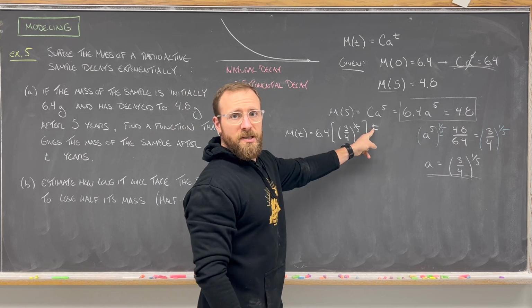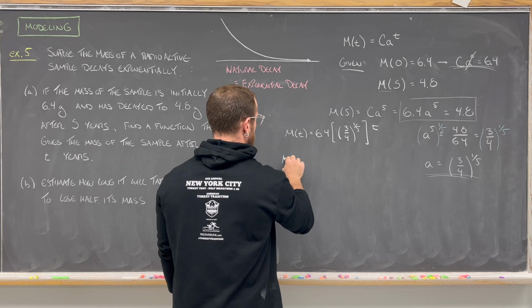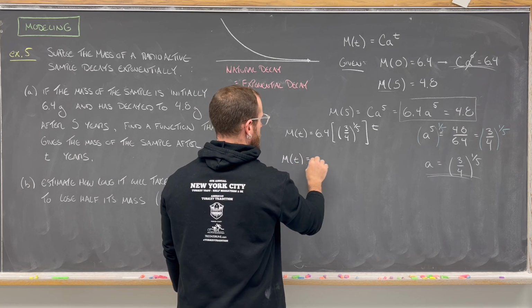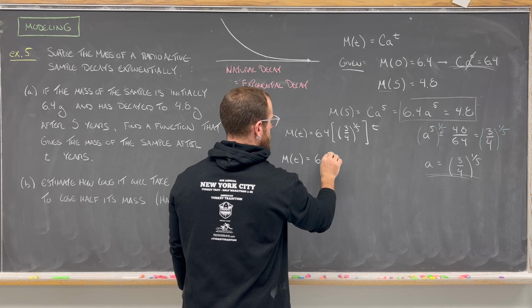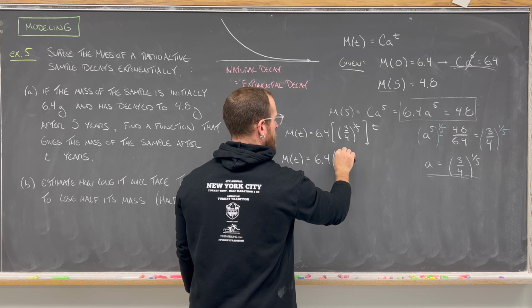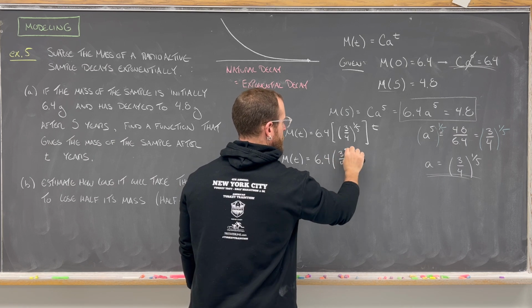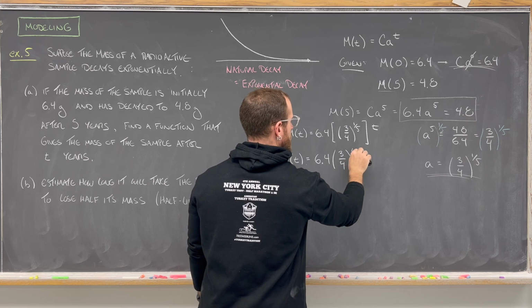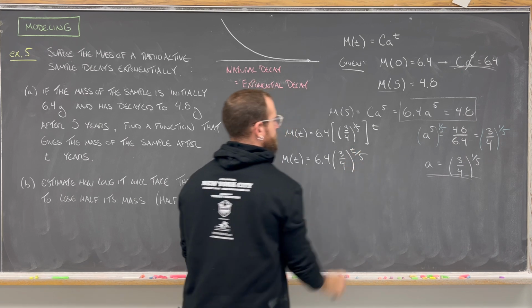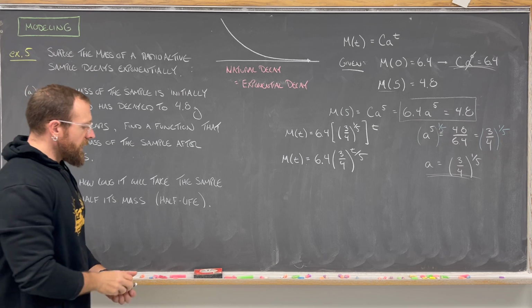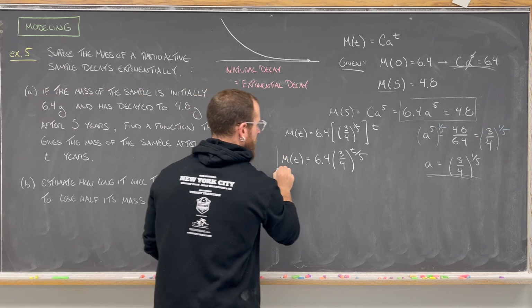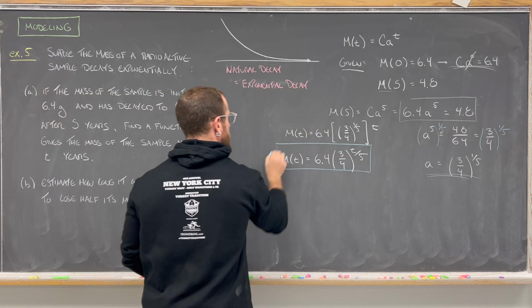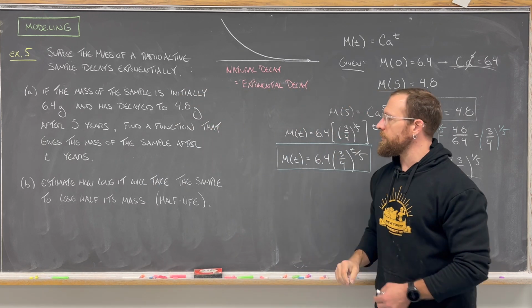And the nested exponents, this should be a familiar move at this point, can be multiplied together to write this a little nicer as just 6.4 times 3/4 to the t divided by 5. All right, that answers the first question. That is the mass function that I was looking for.